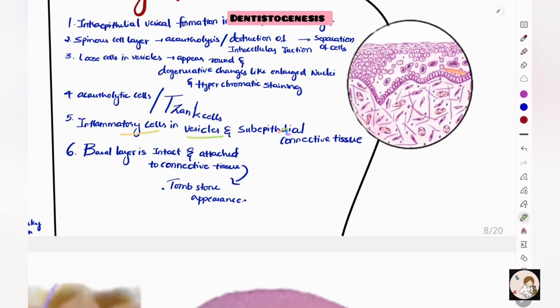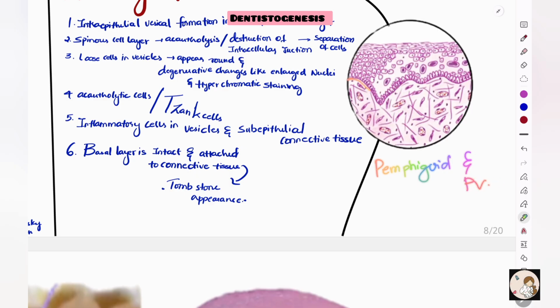Inflammatory cells in vesicles and subepithelial connective tissue. So now here we could see inflammatory cells and here also we could see the inflammatory cells. So there are many inflammatory cells in vesicles and subepithelial connective tissue. And now what is the difference between pemphigoid and pemphigus?